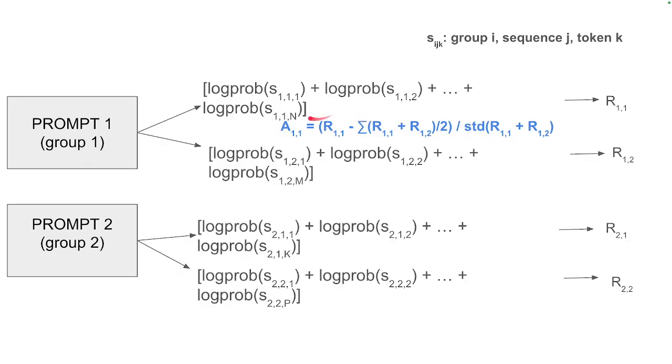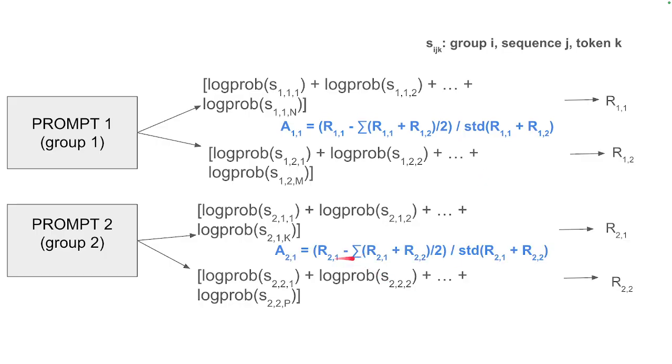So the advantage that DeepSeek used is the reward minus the mean divided by the standard deviation. This is the advantage of the completion. This is a little different from how the REINFORCE advantage was calculated. There we only had R1 and the mean, but here we are also considering the standard deviation. That's the only change as compared to REINFORCE.